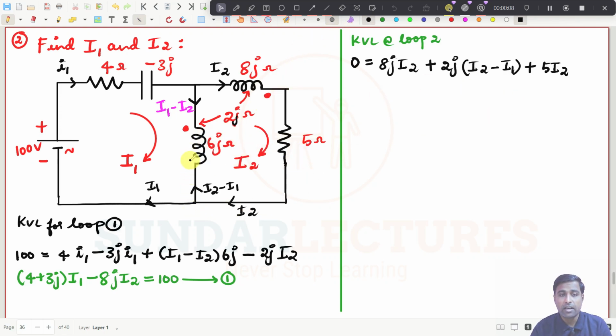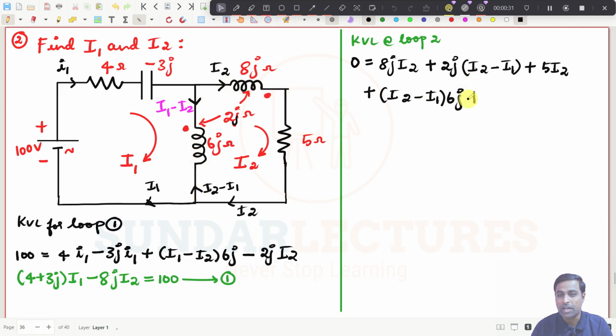Now you have to write the expression for this particular coil. Whatever it may be, you put plus, because I am writing the self-induced EMF; the current is I2 minus I1 multiplied by 6J. There is no issue with that. Now you have to write the mutual induced EMF because these two coils are mutually coupled. Here the current is leaving the dot, and this current is also leaving the dot.